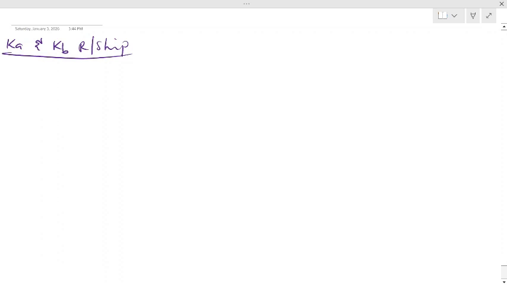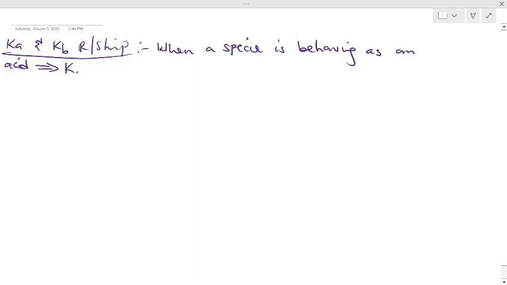When a species is behaving as an acid, it implies Ka, the acid dissociation constant.